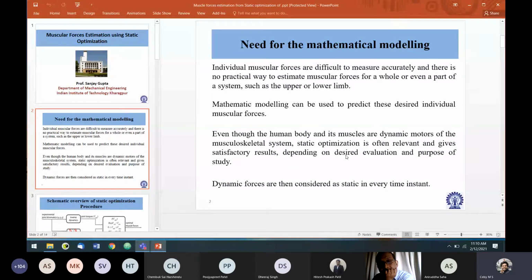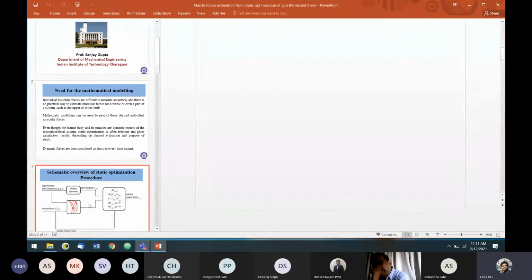We consider that as a static problem and solve it, even though it is dynamic. The whole body moves in a dynamic way; even when we flex or extend our hand, it's a dynamic motion. We take a particular instant and consider it as a pseudo-static problem.